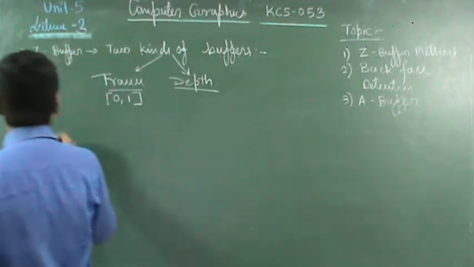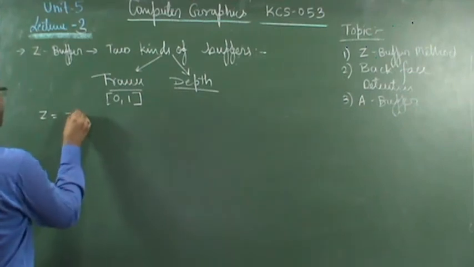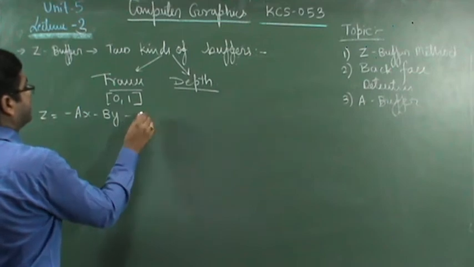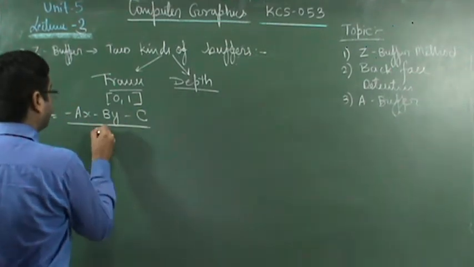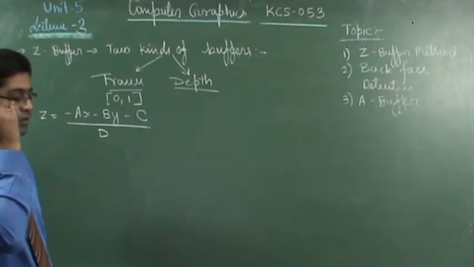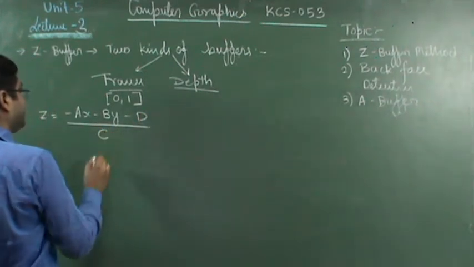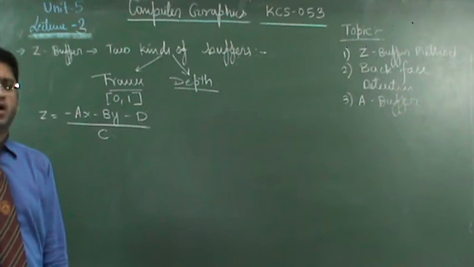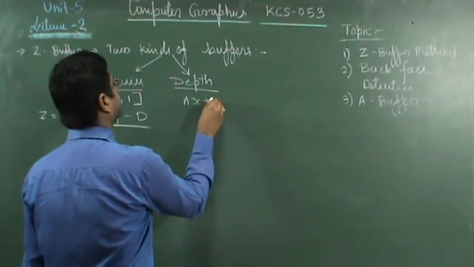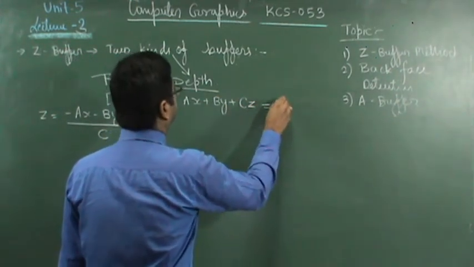We had already studied the equation Z equals minus AX minus BY minus C upon D, where the original equation is AX plus BY plus CZ equals D.